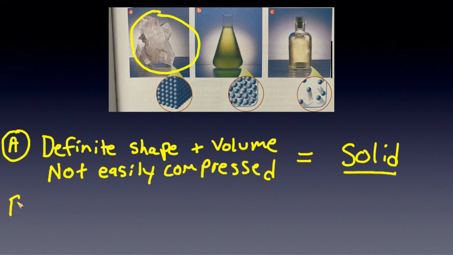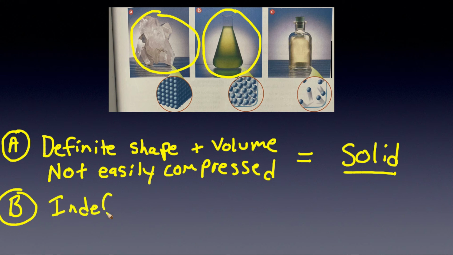Now, part B. Okay, and before I talk about part B, I look at part A. We see how the particles are tightly packed together. They can barely move. Part B, they're a little spread out. So, there's an indefinite shape and a definite volume.